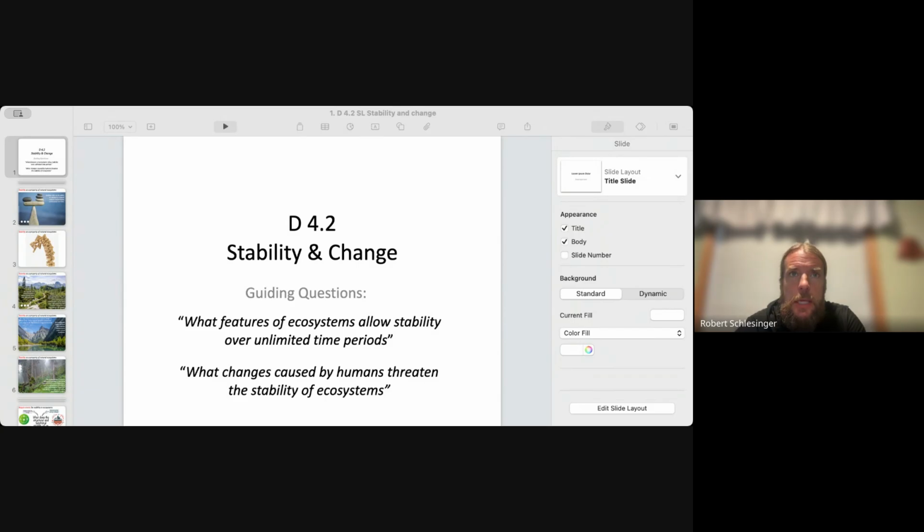So we're currently driving species to extinction in record numbers, and that's all due to the population of humans expanding and threatening habitat and resources of other organisms. A lot of what we're going to see here in stability and change relates back to that first subtopic, I think it was A4, in which we got into threats to ecosystems, threats to animals, and whatnot.